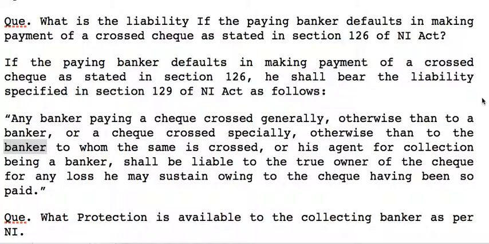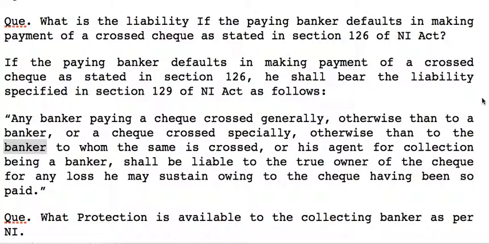Any banker paying a check crossed generally otherwise than to a banker, or a check crossed specially otherwise than to the banker to whom the same is crossed, or his agent for collection, shall be liable to the true owner of the check for any loss he may sustain owing to the check having been so paid.